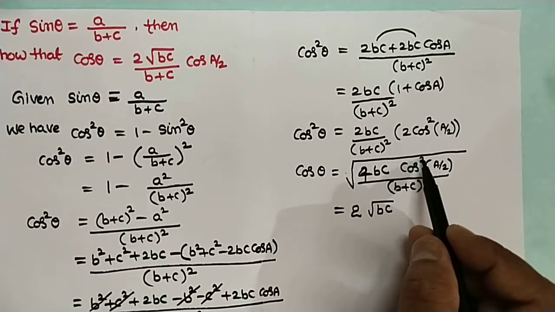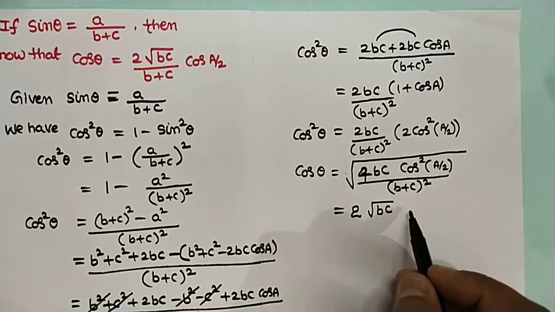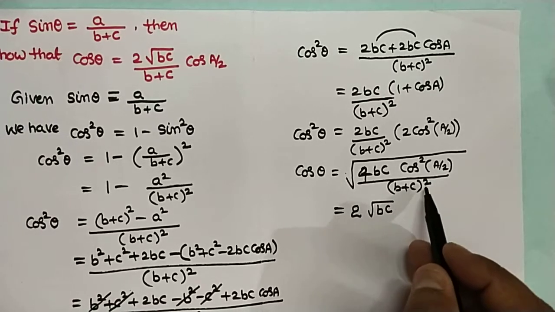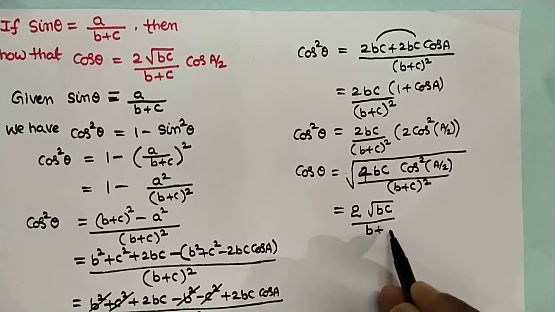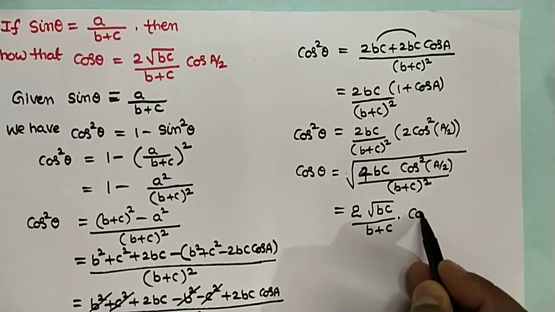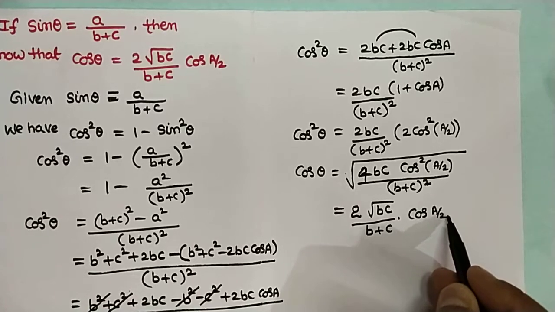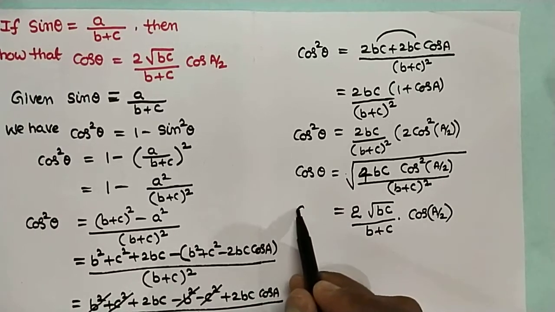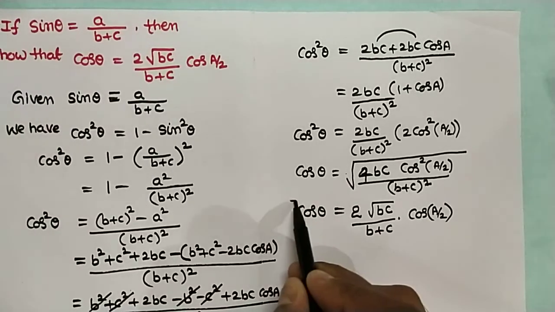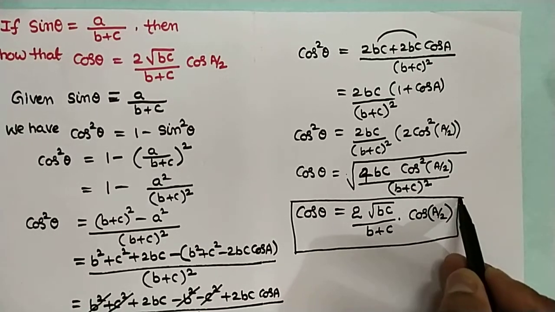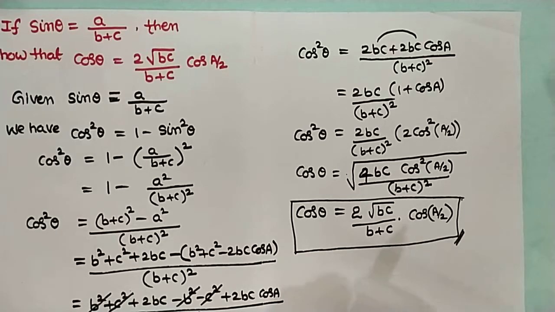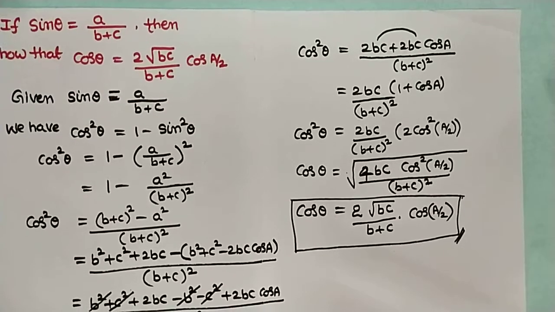Here cos square a by 2, root and square will be cancelled. Even in the denominator b plus c whole square, root and square will be cancelled, giving b plus c into cos a by 2. Therefore cos theta equal to 2 root bc by b plus c into cos a by 2. Hence we got the result of cos theta.